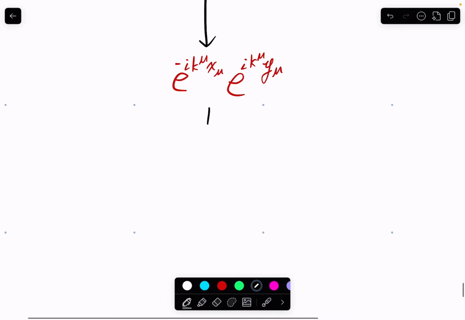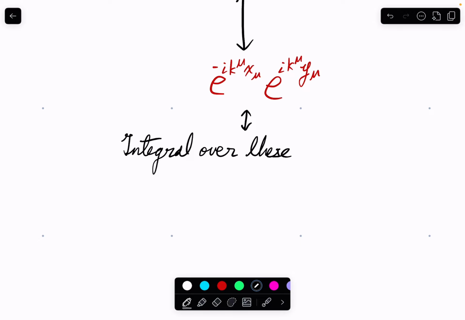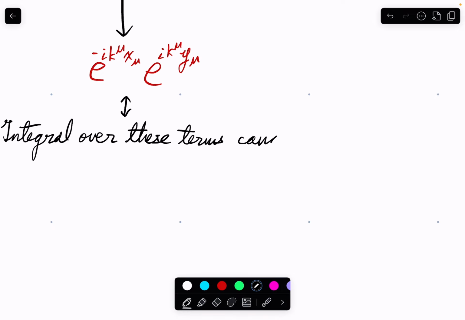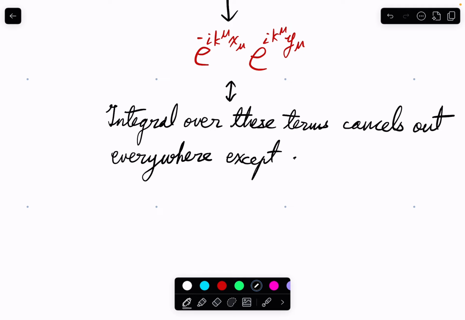And the integral over these terms cancels out everywhere except at x mu equals y mu, which therefore acts as a focal point.